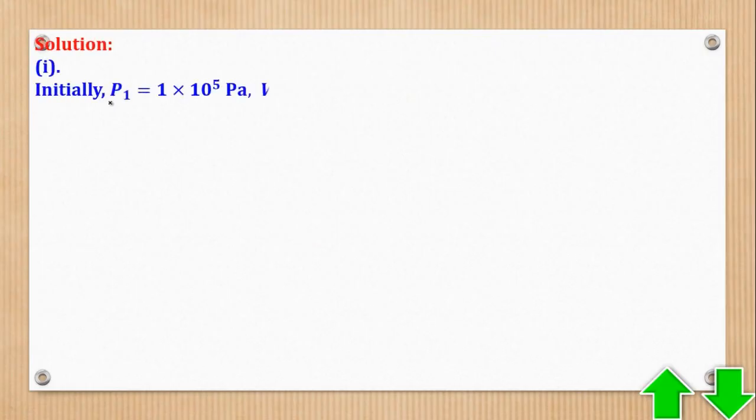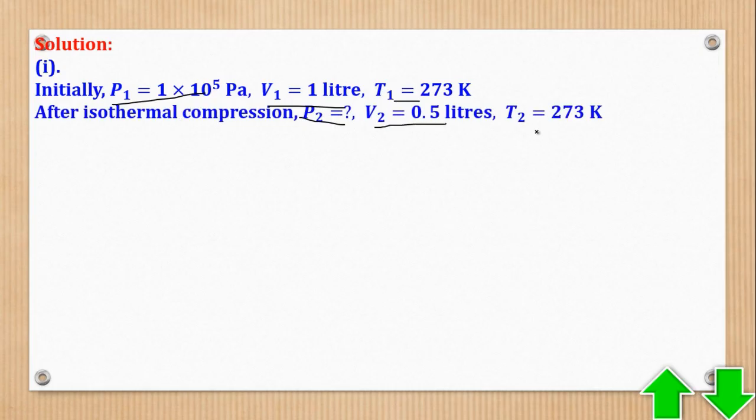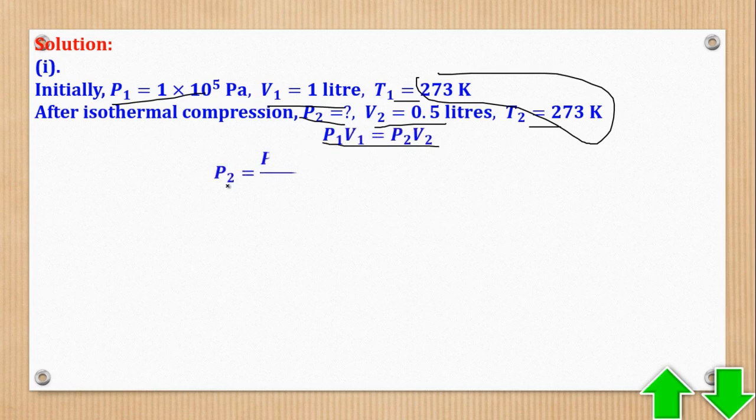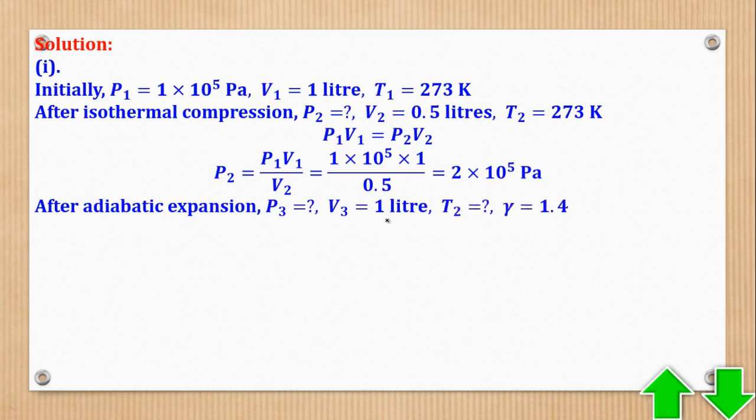So initially, P is that, V is that, and temperature is that. Then after isothermal compression, P is not known, V is known, temperature is known. Isothermal means temperature is constant. Therefore, we can use Boyle's law to get the value of P2, which is that. What about after adiabatic expansion?